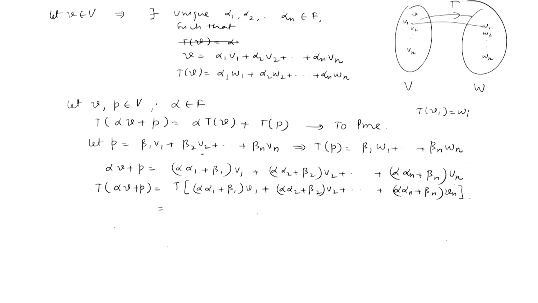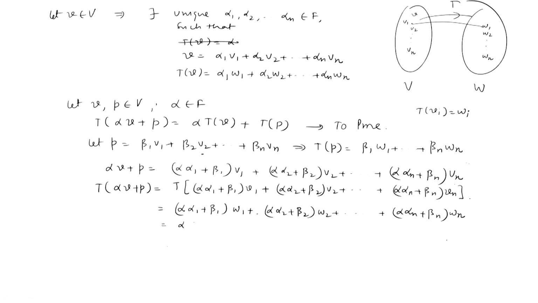Now, this is equal to alpha 1 plus beta 1 times T of V 1, which is W 1, plus alpha 2 plus beta 2 times T of V 2, which is W 2, and so on, alpha n plus beta n times T of V n, which is W n.